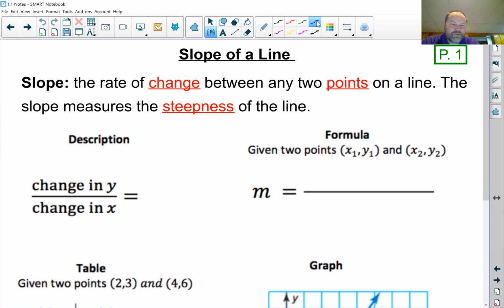So a couple of ways that we can define slope. One, we can just describe it, and it can be described as the change in y over the change in x. Most people describe this as rise over run.